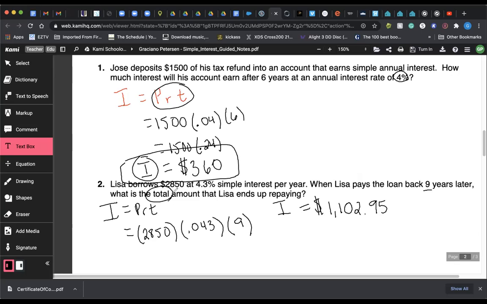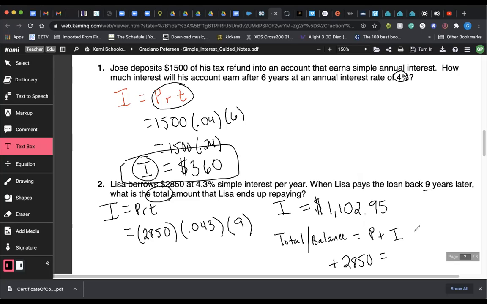The question is, what is her total? So now what do I do? I made the addition. Okay, so to find the total, also known as the balance, you have to add the principal and the interest. So we have to take our 1102.95 and add 2850 to it.